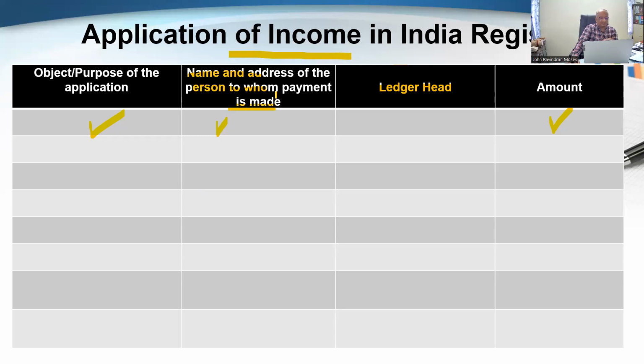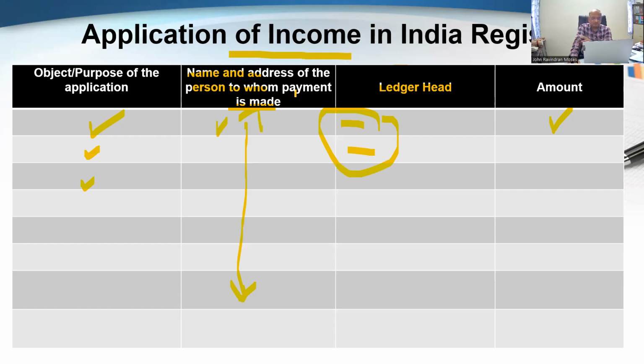If you give it in the narration, then instead of repeating all these things again, you can give the ledger head and the amount, and write the main object and purpose here. Here you can see as per the ledger, because my ledger will have the complete details: name, address, bill number, and all those things.